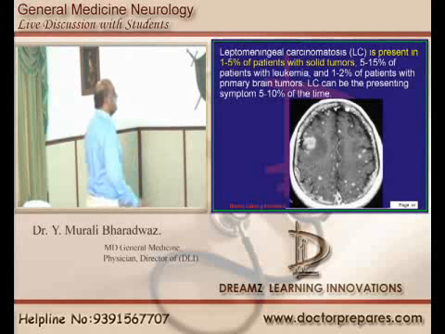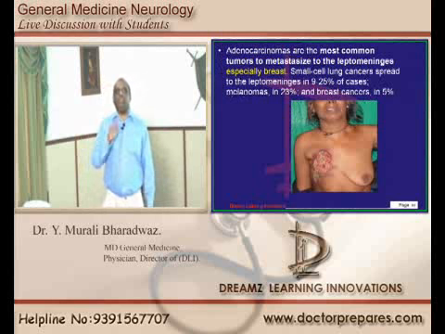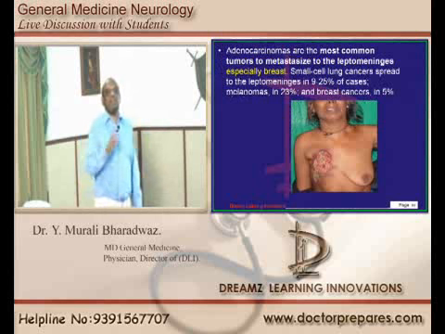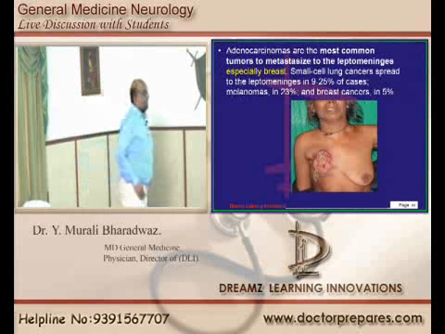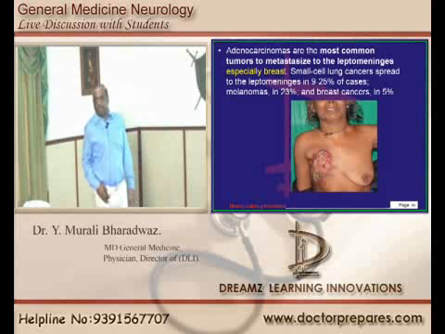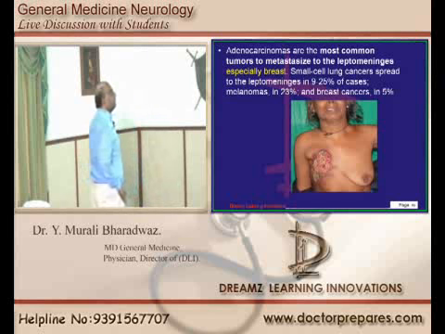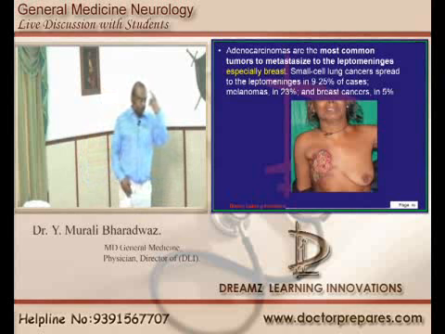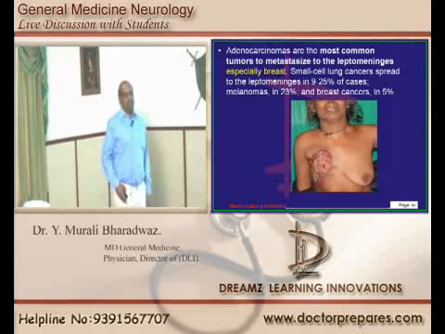Now what is the most common solid tumor which is known to lead to leptomeningeal carcinomatosis? It is breast cancer, the most common. Even small cell carcinomas, melanomas, anything can metastasize, but breast carcinoma is the most common solid tumor leading to the development of leptomeningeal carcinomatosis.